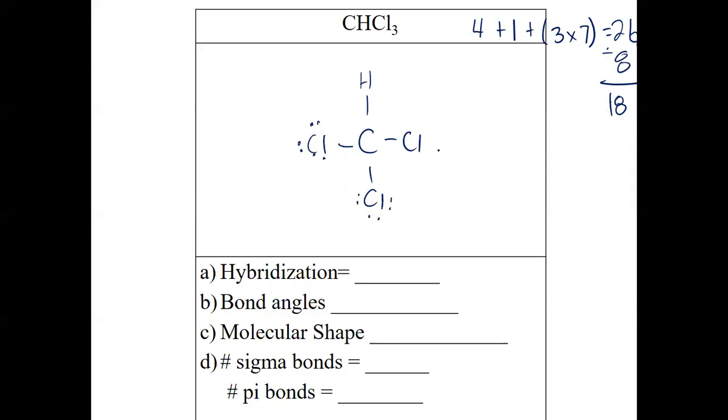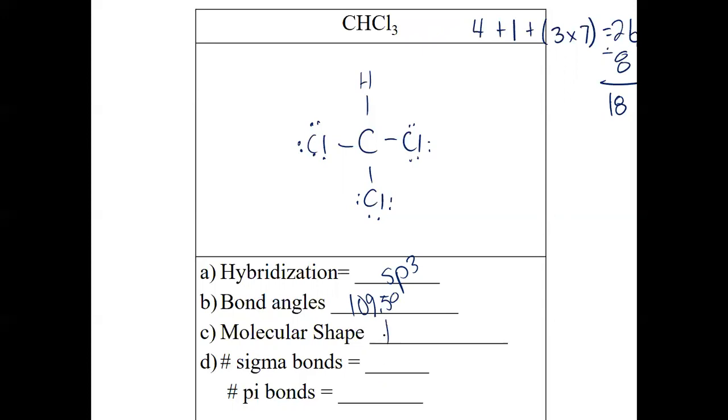So your carbon has 4 electron domains on it, which is going to be a hybridization of sp3. Your bond angles are going to be 109.5 degrees because it has those 4 electron domains.